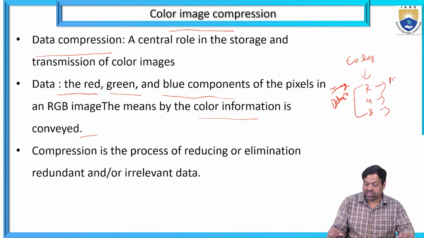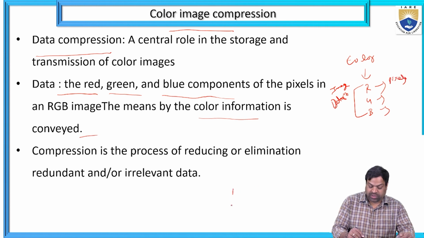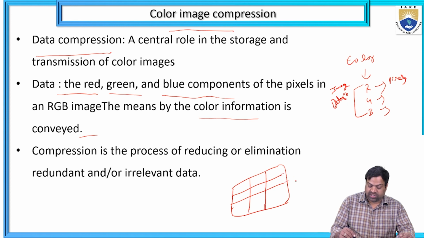So what are the pixels? Suppose I am taking one image that is of 3x3 size. This 3x3 is full of red, green and blue colors. So what are the intensities?